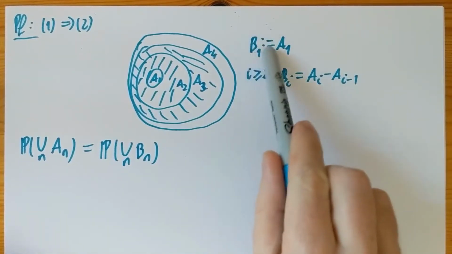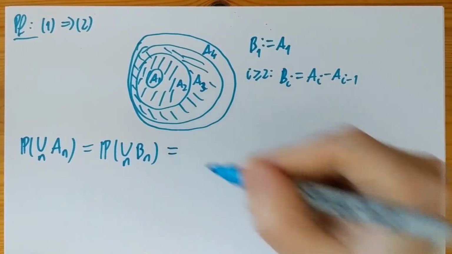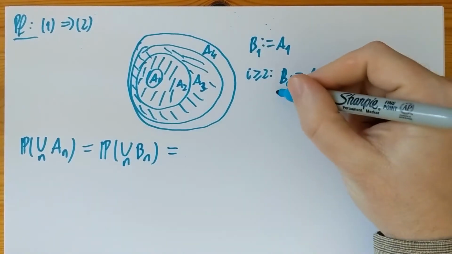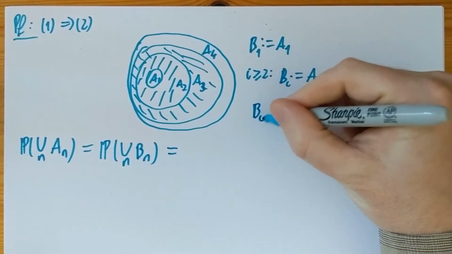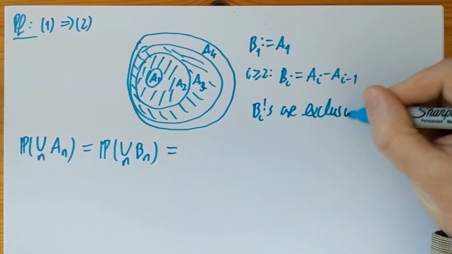And that includes B1 possibly. So if we happen to be in A1, then of course already we are in B1. So either in B1 or in one of these increments we are in. But the point is that the B's are disjoint. So the Bi's are exclusive, disjoint.